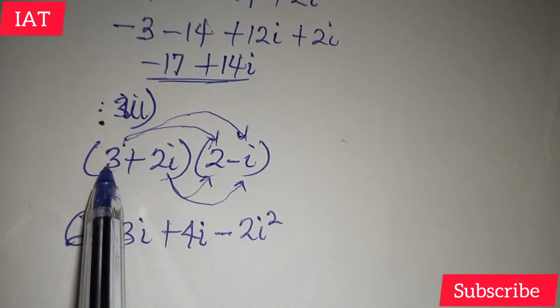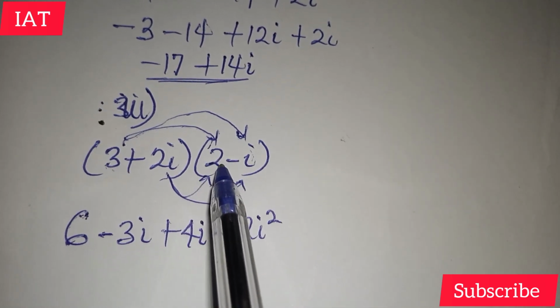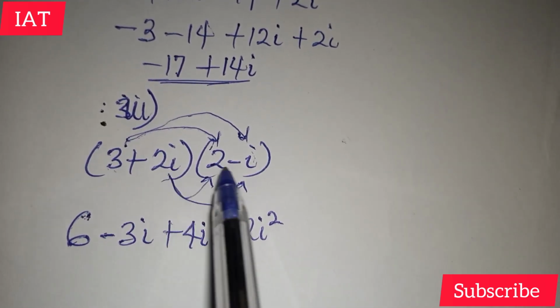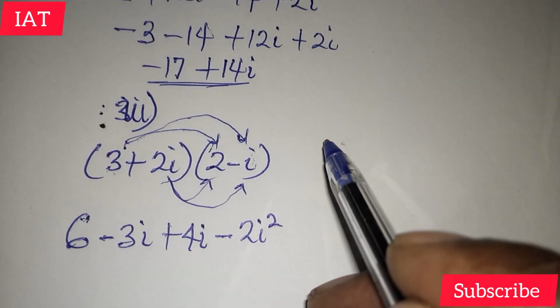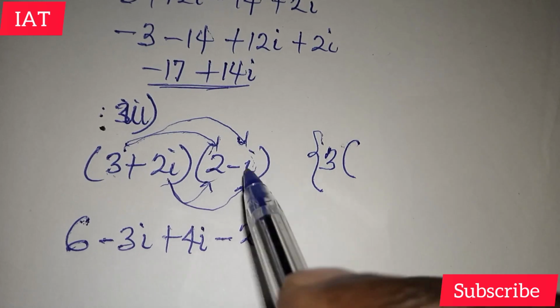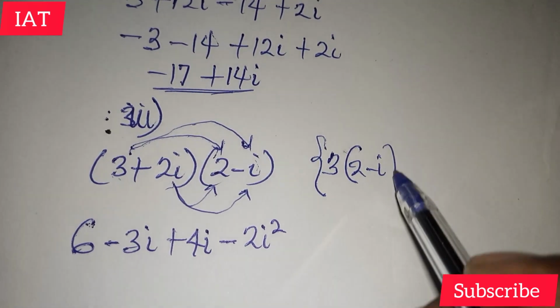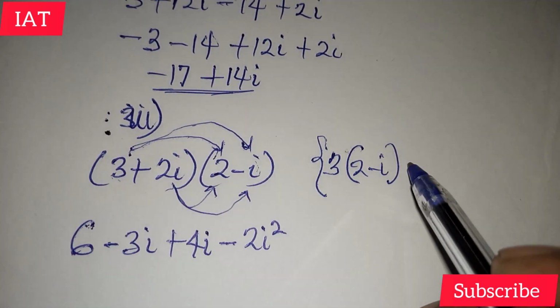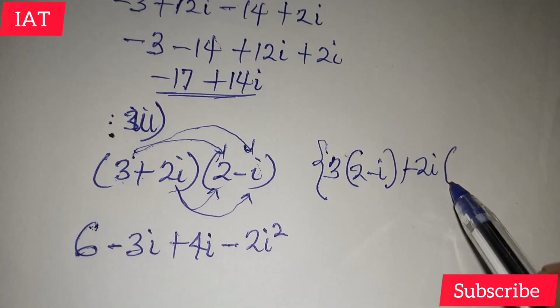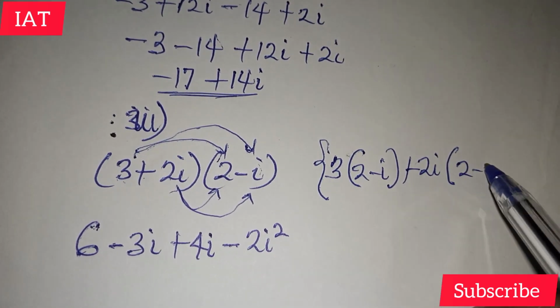I can use this 3 to multiply by the whole of this, and use this 2i to multiply by the whole of this. You can split it like this, saying 3 into 2 minus i, then you use the sign plus, which is the sign, 2i into 2 minus i.